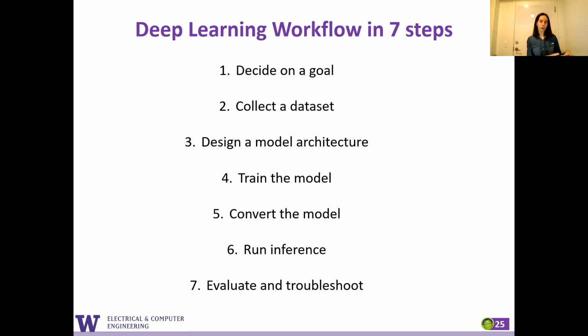And then steps 5, 6, and 7 are where we are going to focus on Android. We are going to convert the model so that we can use it in our Android app. And then you run inference on that, which is basically you take the model, provide some input, and get some output.